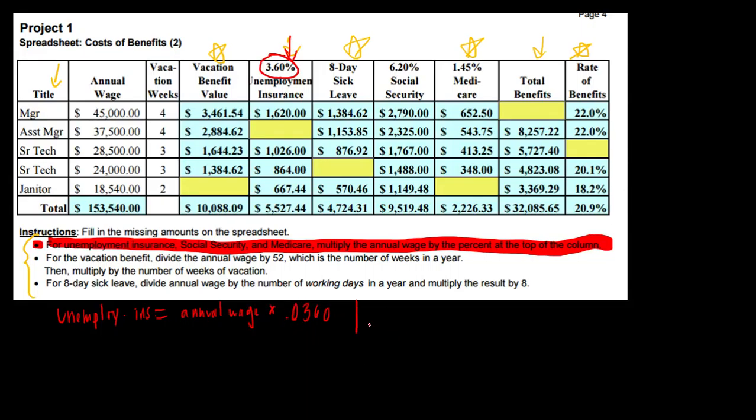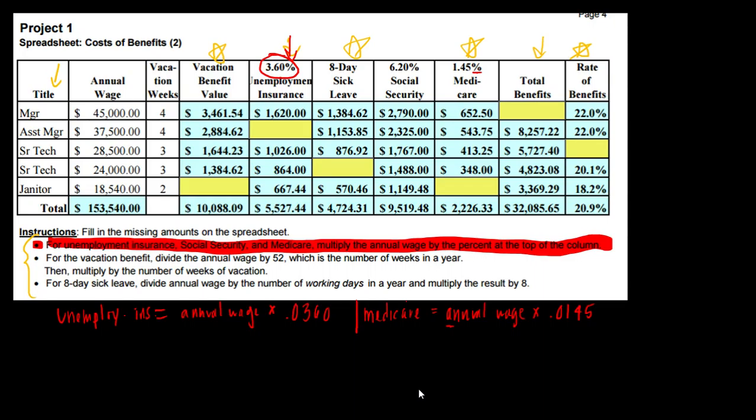Similarly, if I wanted to figure out Medicare, I take the annual wage and multiply by the Medicare rate, which is 1.45%. And again, I have to convert to decimal form, which would be 0.0145. So again, you can't multiply a dollar amount, so annual wage is a dollar amount, by a percentage.